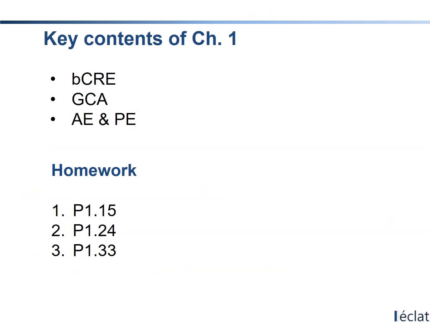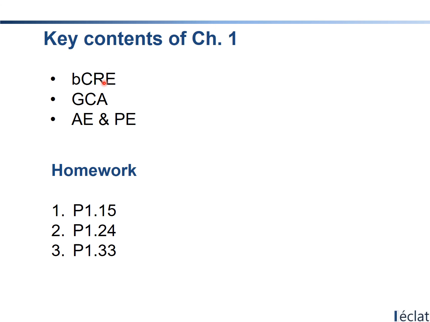Okay, that's it. This is the end of chapter 1, and here is the summary. Here is the key content of chapter 1. What is the first one? Can you balance the chemical reaction equation? That is the first keyword.